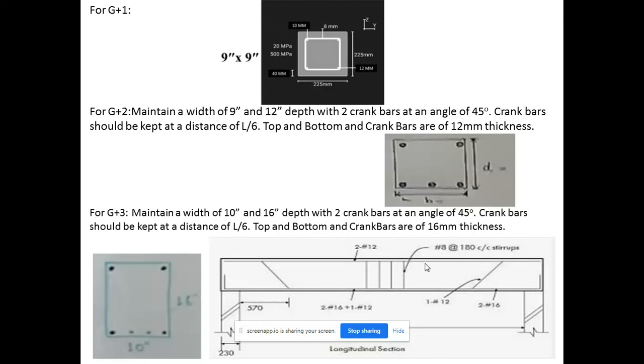The distance of L/6 can also be used for small length beams. For G+3, make sure that the cross sections are 10-inch by 16-inch. These are standard ones, with 2 crank bars at an angle of 45 degrees. Crank bars should be kept at a distance of L/6. Top and bottom crank bars are all about 16 mm thickness.